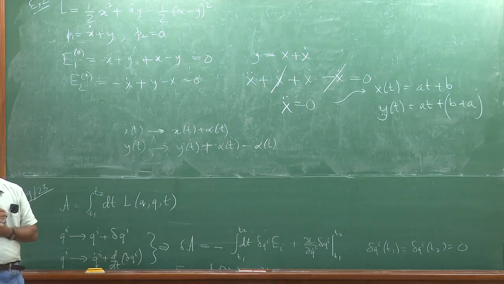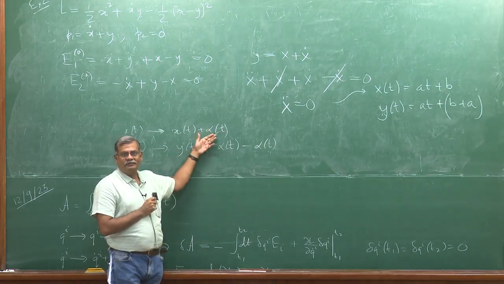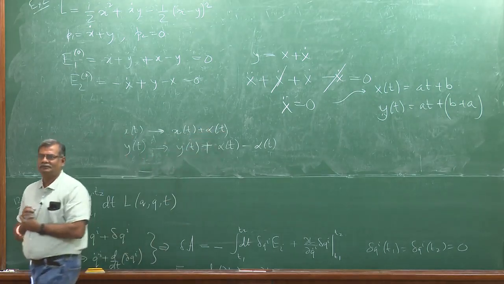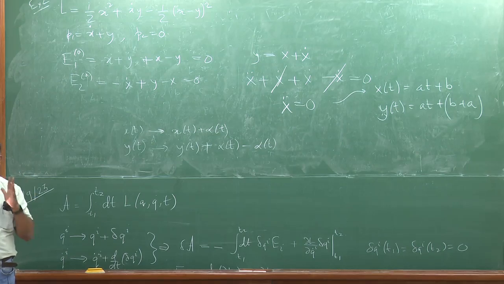So you don't need to say that these two solutions are supposed to be identical? They are not identical. Of course not. As long as alpha is not 0, they are not identical solutions. But when we say gauge symmetry, it depends on your situation. When you are looking at the equations, the solutions are identical.